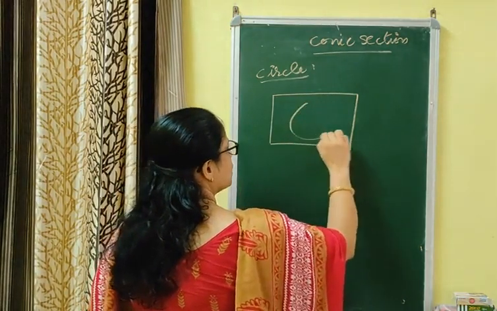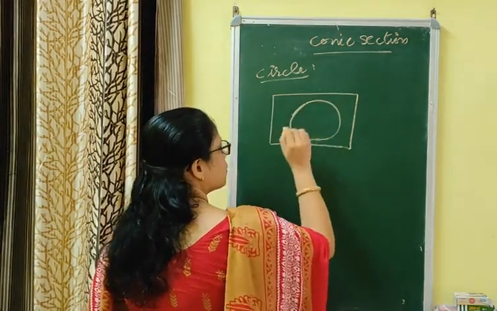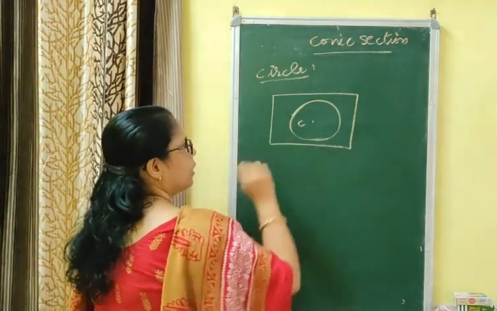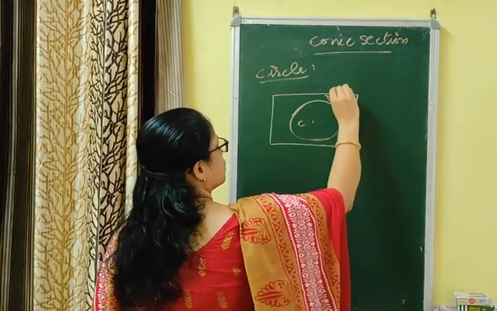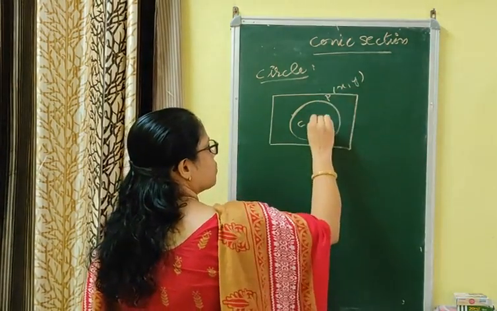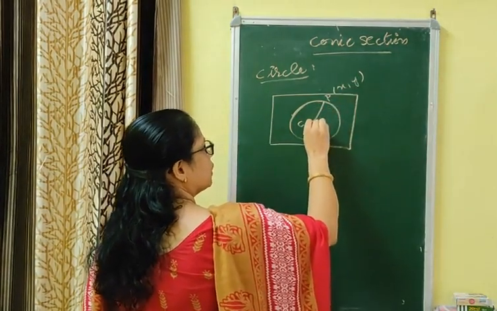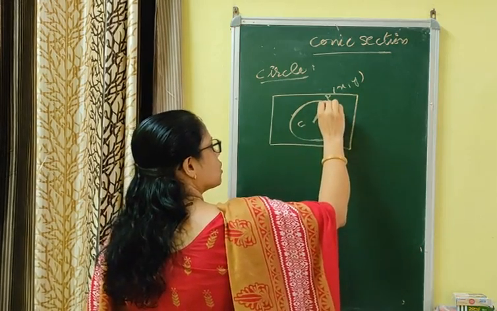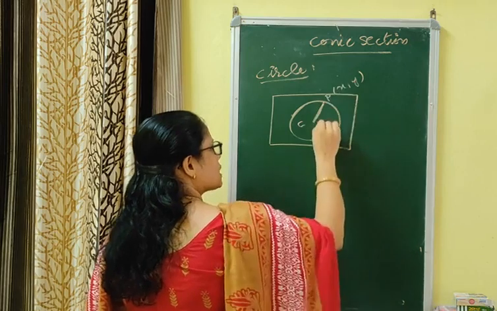Since I am drawing a plane like this, let me fix a point, say C. Let P be a moving point. Since we are considering coordinates, P is a moving point in such a way that the distance is always constant, so the distance does not go outside as well as inside.